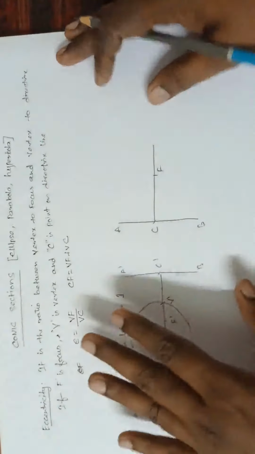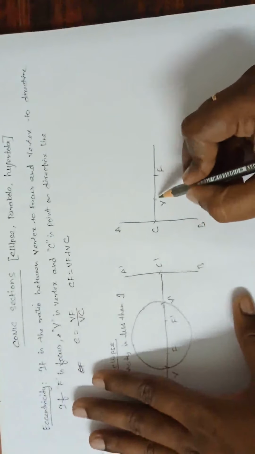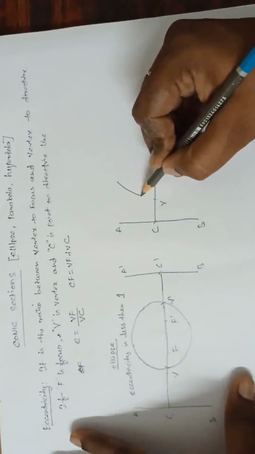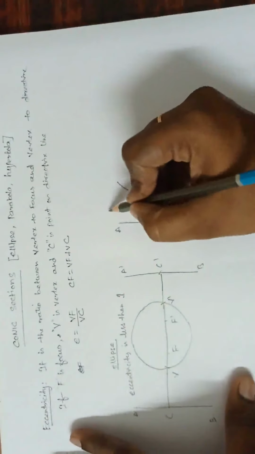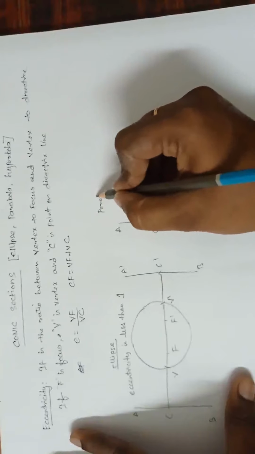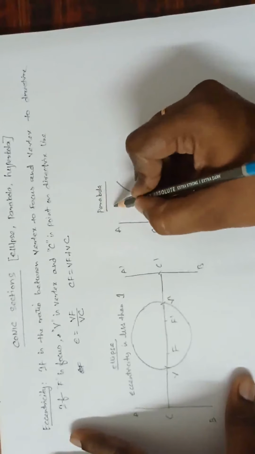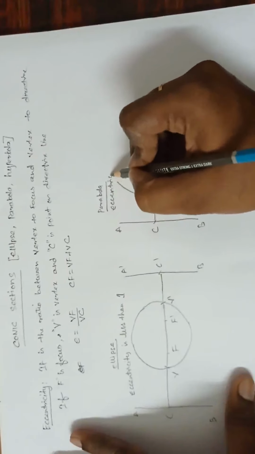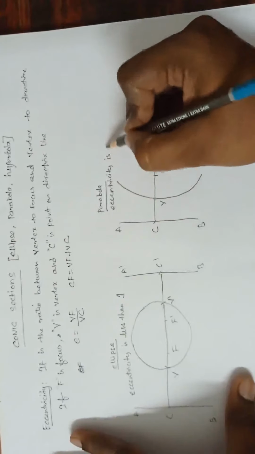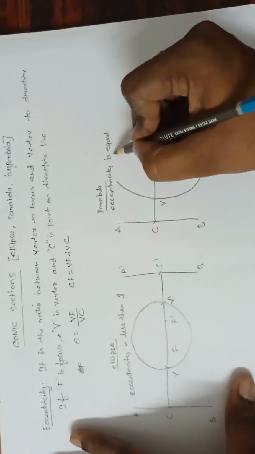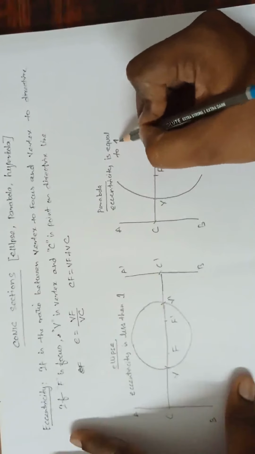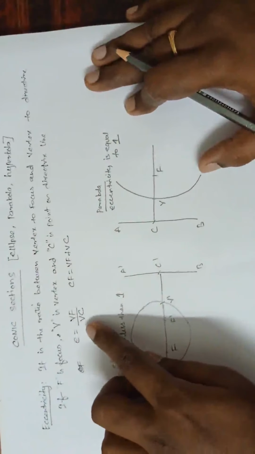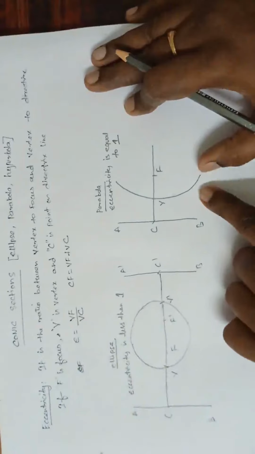If I draw the vertex exactly at the center of CF, the curve I will get is a parabola. It means eccentricity is equal to 1. The ratio is 1 by 1: VF is 1 and VC is 1, both are equal lengths.